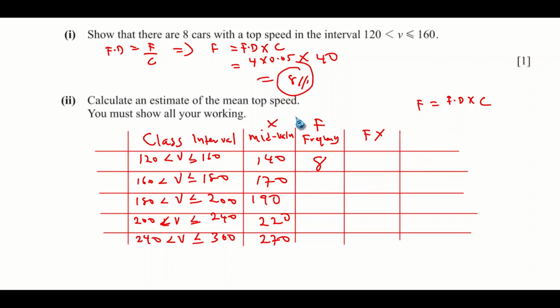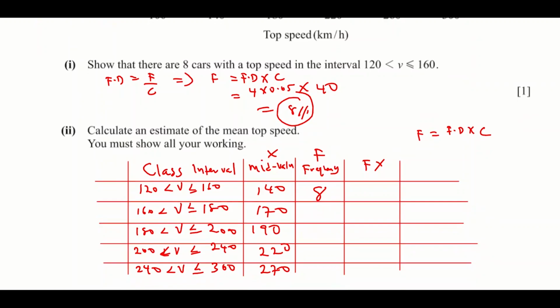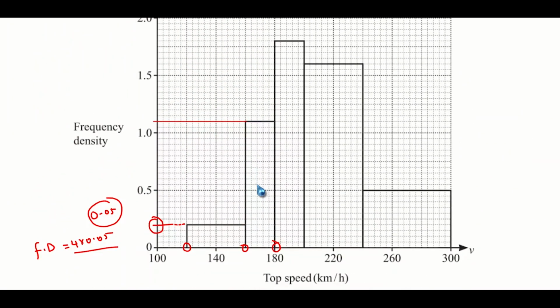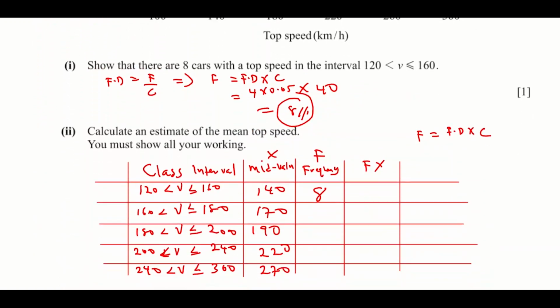Okay, so I'll just do only one. For this now, the frequency density of this bar, of this class, will be equal to 1 plus 1 2, that is 0. Don't forget, a line is 0.05 here. 0.05 times 2 plus 1. So that will be the frequency density.